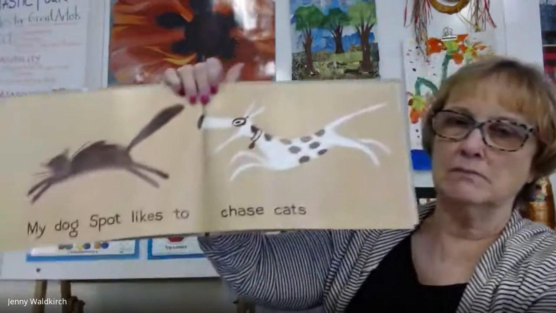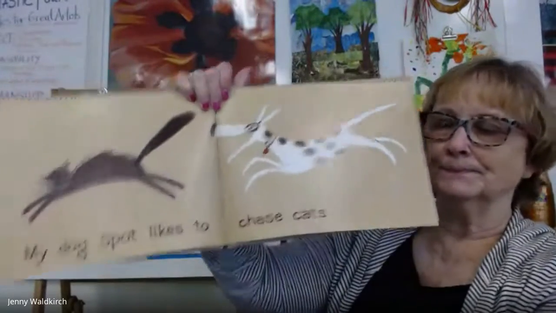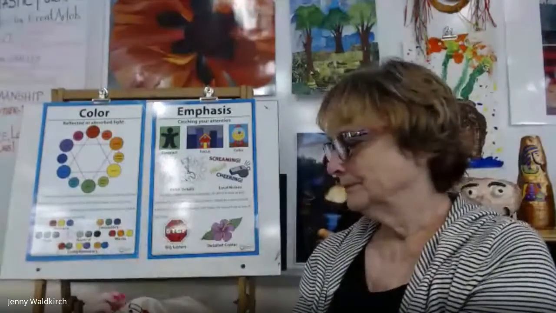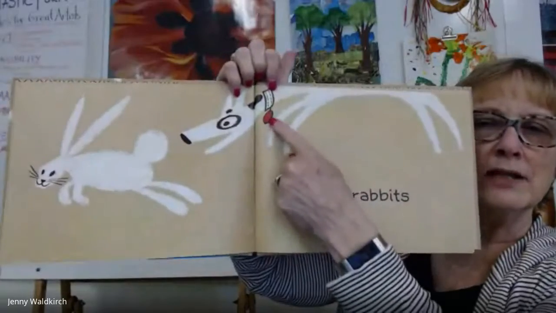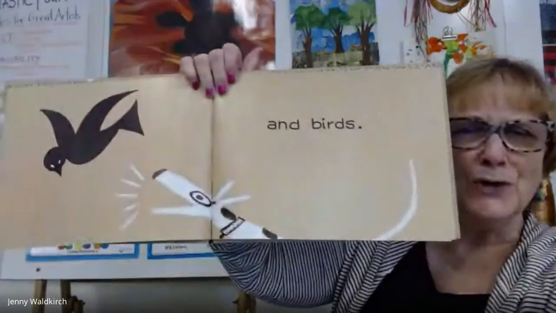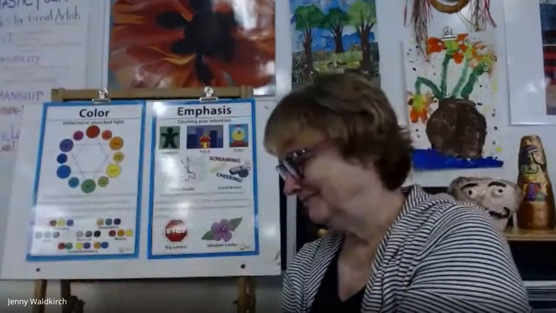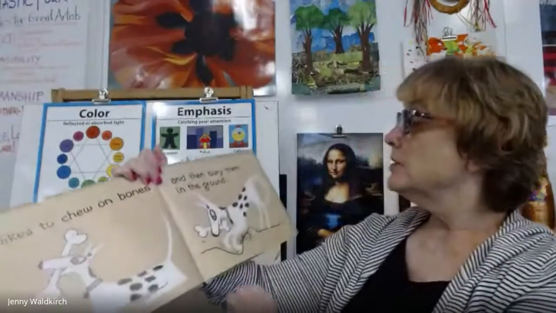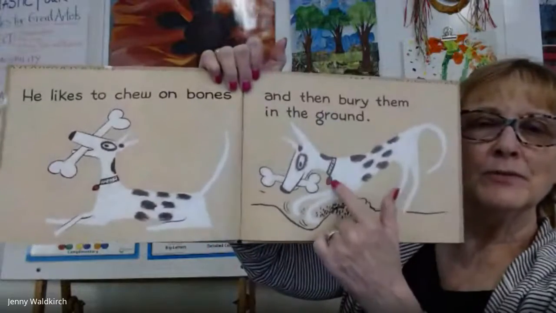My dog Spot likes to chase cats. And rabbits. There's his red dog tag. And even birds. And he likes to chew on bones and then to bury them in the ground. And there's his red dog tag.